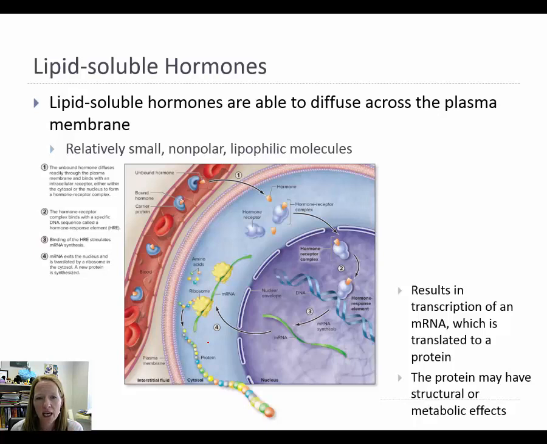Its receptors are going to be found on the inside of the cell, in the cytoplasm. Sometimes they're found inside the nucleus, and sometimes right on top of the DNA.